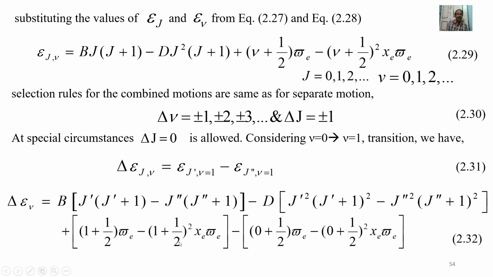And this is for the vibration energy. As I said earlier, this is for nu equal to 1, and this is for nu equal to 0.